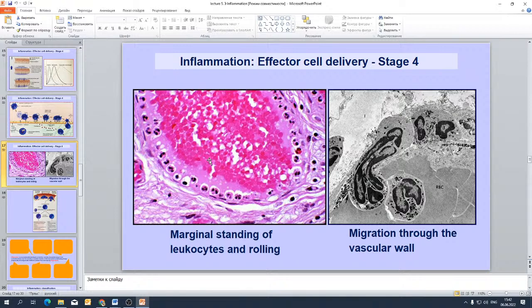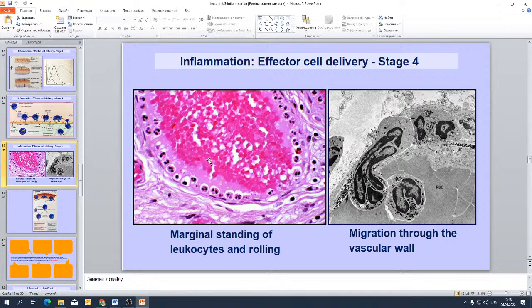What changes form in vessels during inflammation? Next questions.